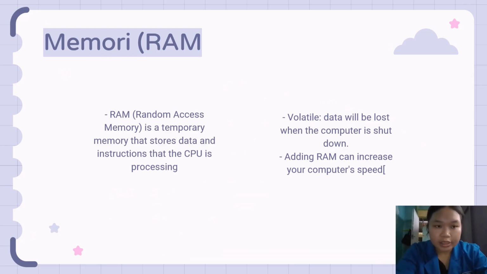Next is the memory or RAM. RAM, or random access memory, is a temporary memory that stores data and instructions that the CPU is processing, and is used in our daily lives.